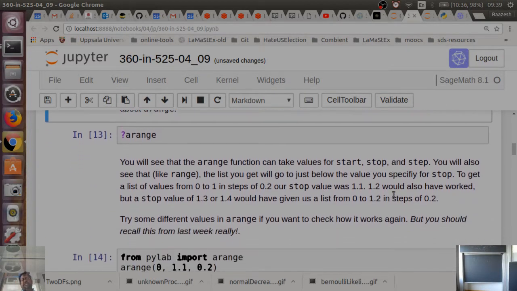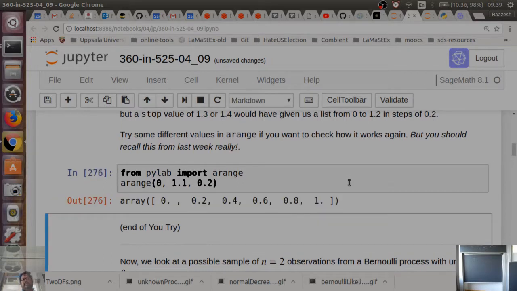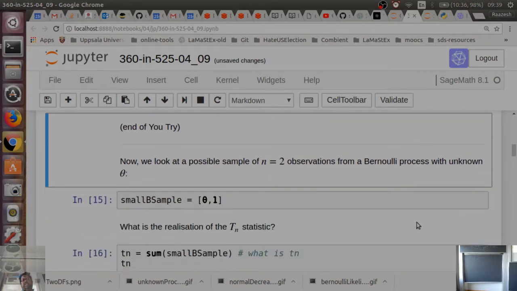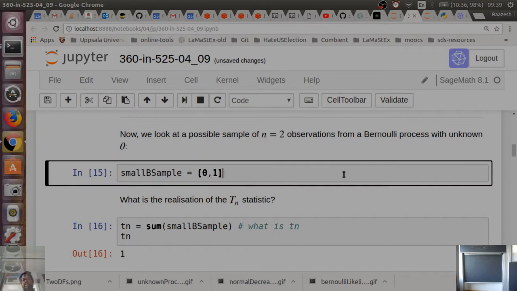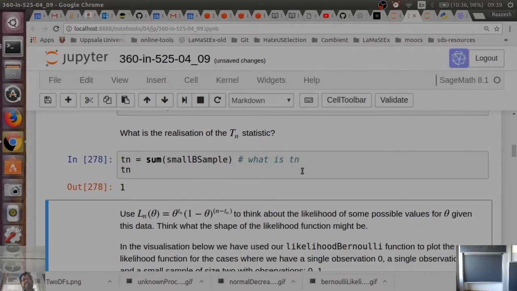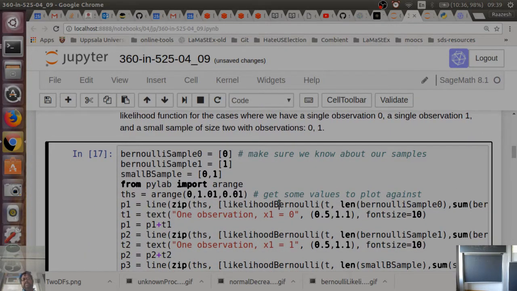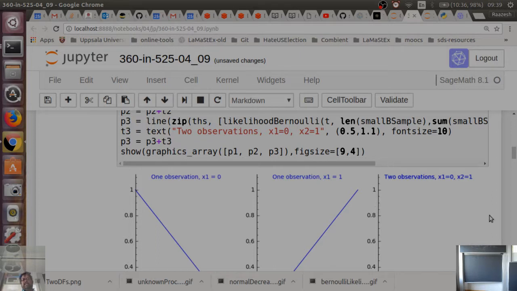And using a range, we can start making a little set of values for theta. Now let's say we have two samples, 0 and 1. And now Tn is 0 plus 1, which is 1. And then we can get our likelihoods.